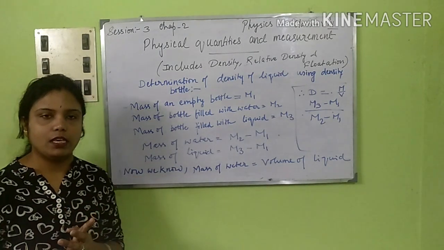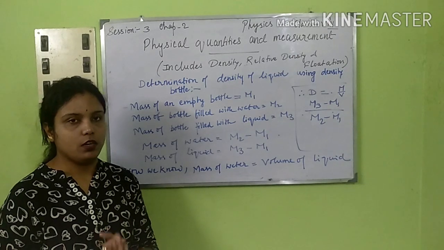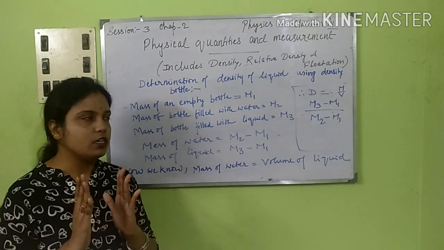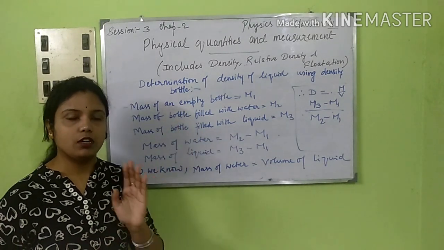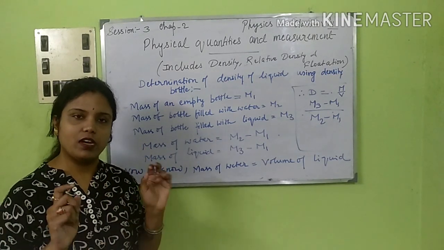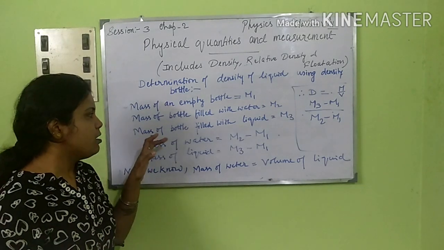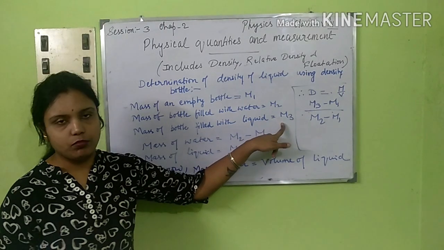Now remember one thing: the mass of the water in the density bottle will give you the volume of the liquid. That is a very important criterion. Please don't miss it, and whenever you have somewhere to write, please write it down. Next, the mass of the bottle when it is filled with the given liquid is m3.